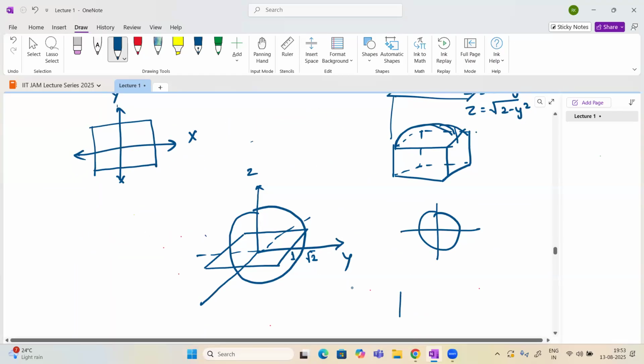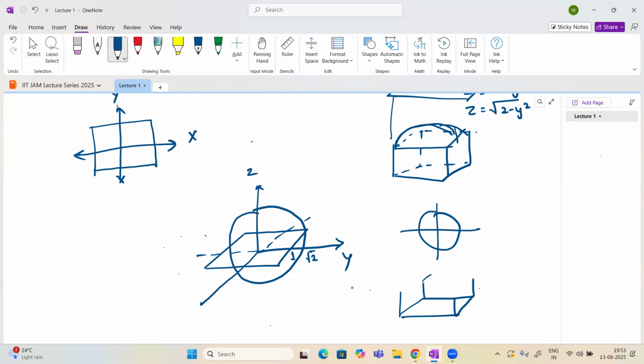So at the base you have a square, but at the top we have a piece of circle. Agree? And at the top, we have a plane, Z is equal to 2. So the region is bounded above by this piece of cake and bounded below by this plane, Z is equal to 2. So this region we should consider.